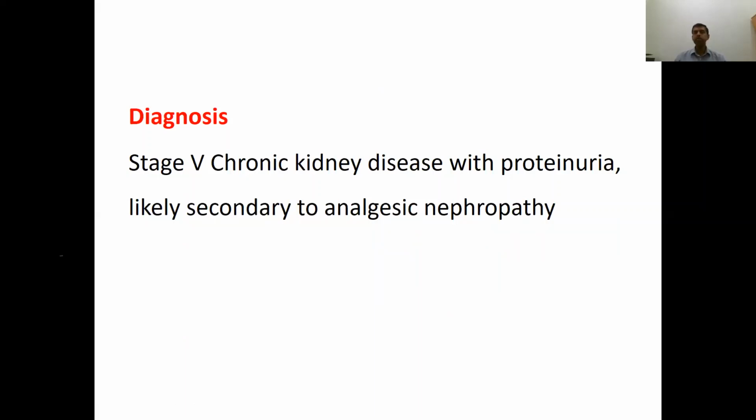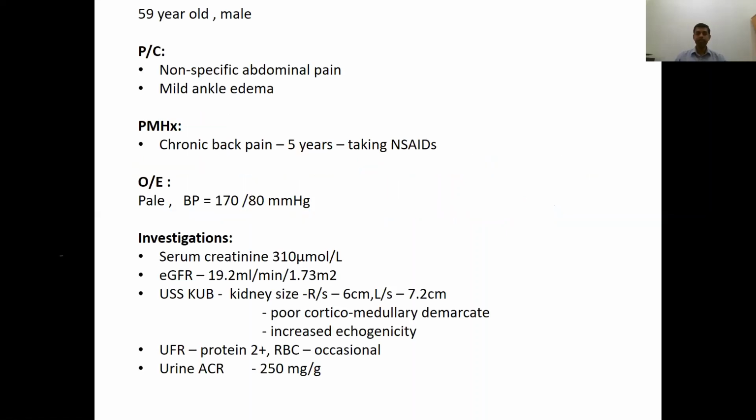And this patient has been on long-term NSAID therapy, so it's more likely that this patient has CKD because of analgesic nephropathy. So your complete diagnosis for this patient should be stage 4 chronic kidney disease with proteinuria, likely secondary to analgesic nephropathy. Once we have made the diagnosis, the next step is to look at the complications related to CKD.